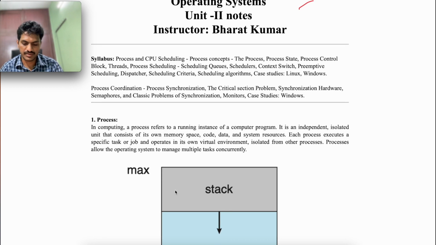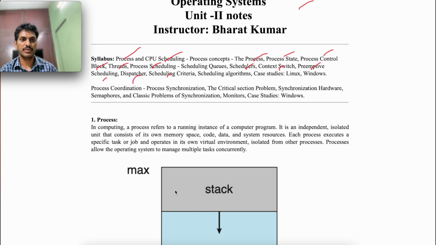So look at the syllabus once. It is starting with the process, CPU scheduling, process state, process control block, thread, process scheduling queues and schedulers, context switching, and preemptive scheduling, dispatcher, and scheduling criteria.